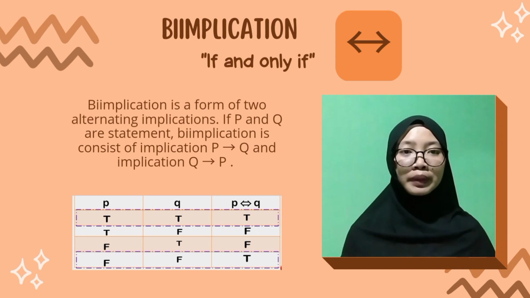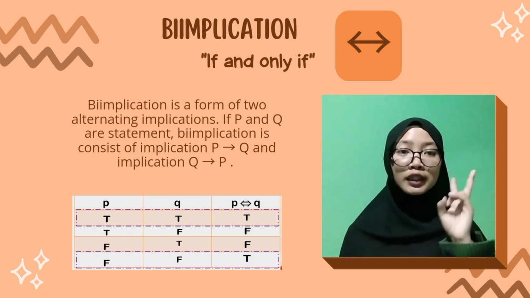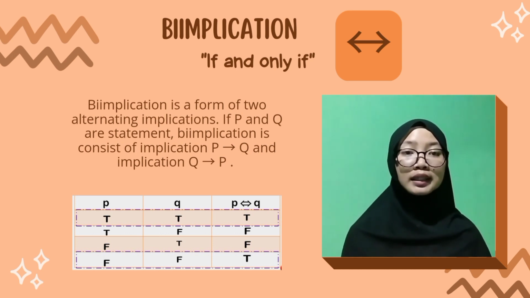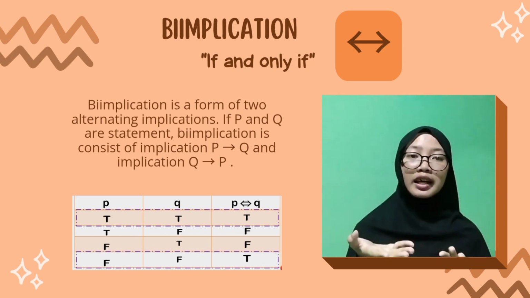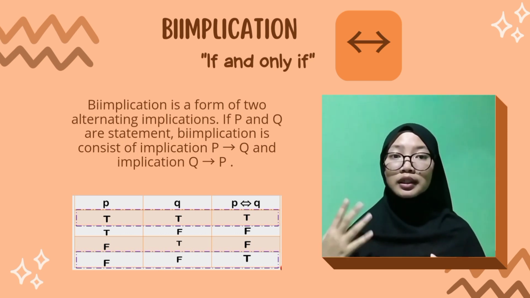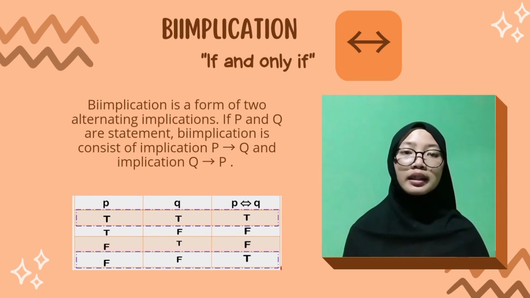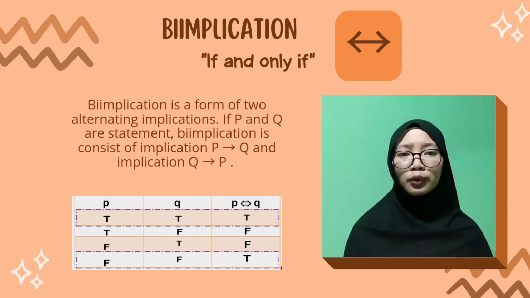The last one is biimplication. In mathematical logic, biimplication is usually called "if and only if", a link between two statements. Biimplication is related to what we've discussed before, that is implication. It consists of two words, bi and implication, where bi means two, so biimplication is a statement that consists of two implications.